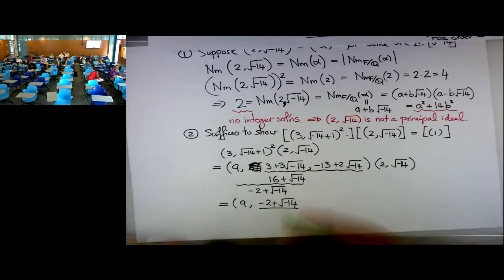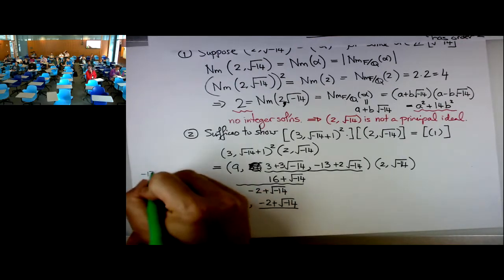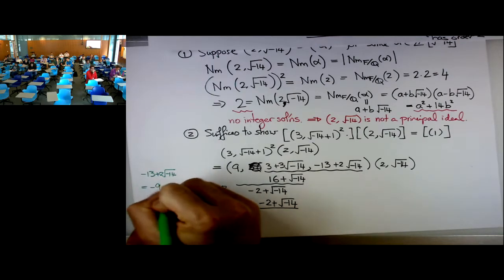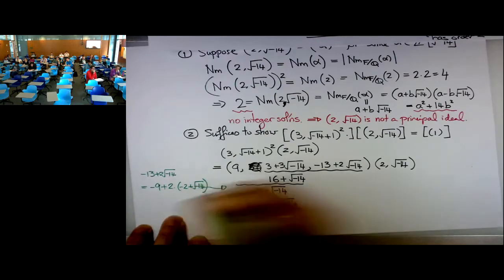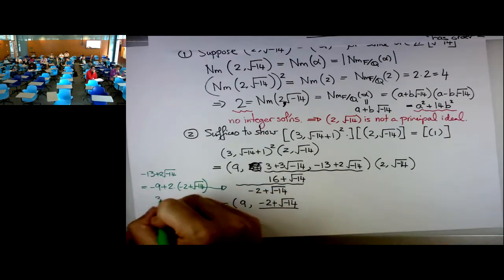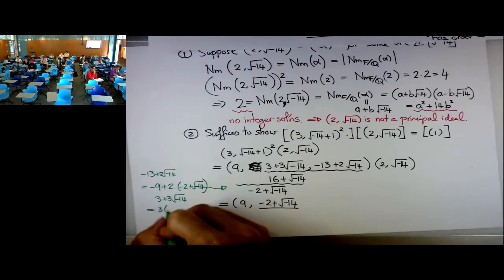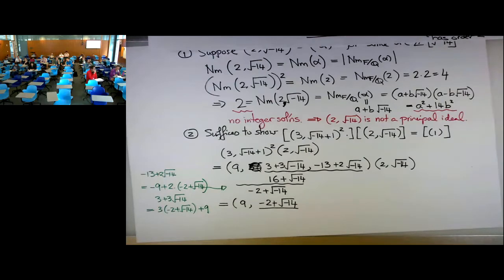So this part, you have negative 13 plus 2 times root of negative 14 equal to negative 9 plus 2 times root of negative 14. And same for the other one, you have 3 times this, and probably add another 9, you get this one. You can guess, it shouldn't be too complicated.